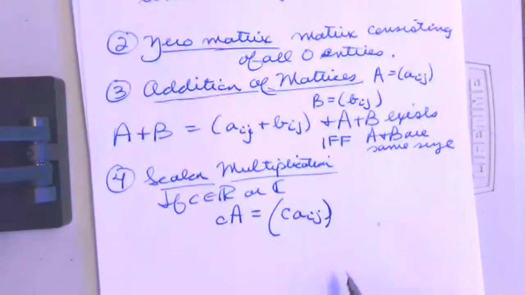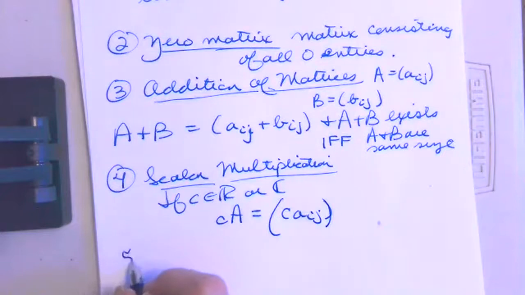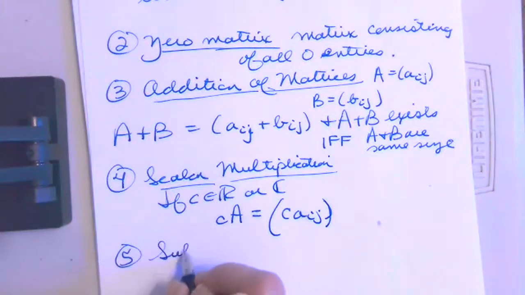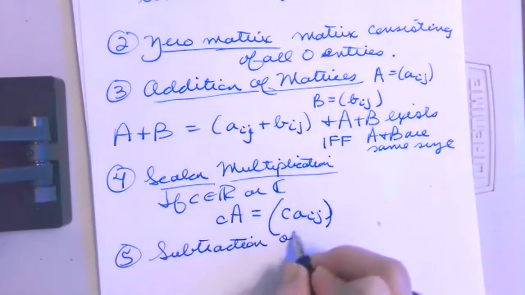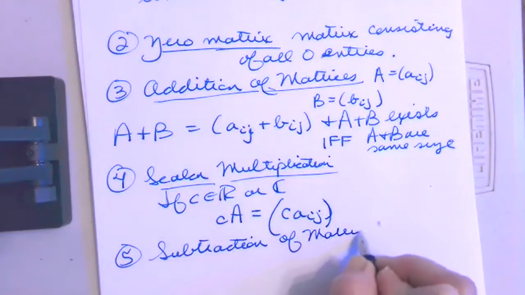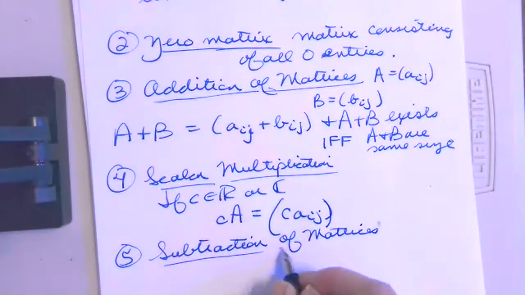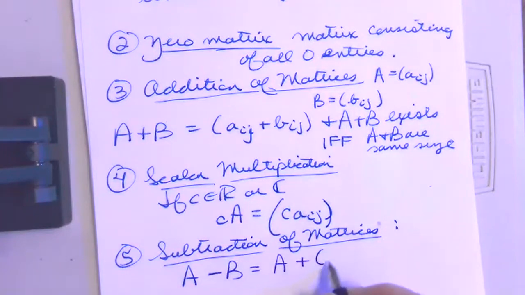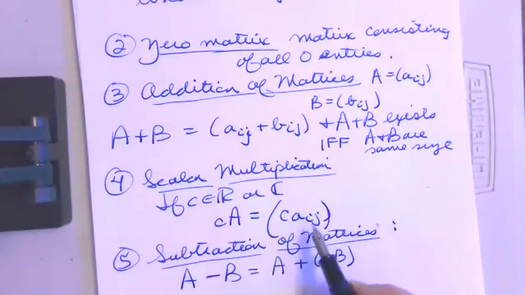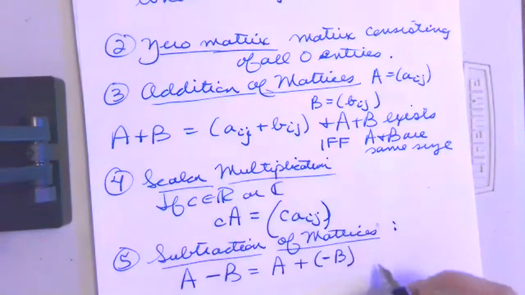Before I write down the next one, one more we can do. You can do subtraction of matrices. A minus B then is A plus minus 1 times B, because we defined scalar multiplication and we defined addition above.